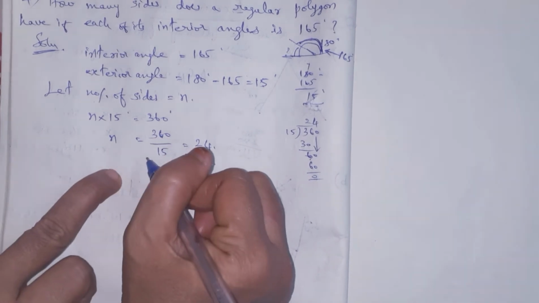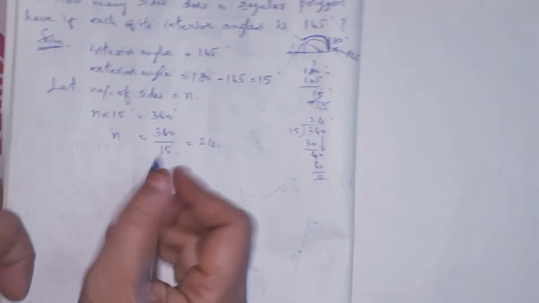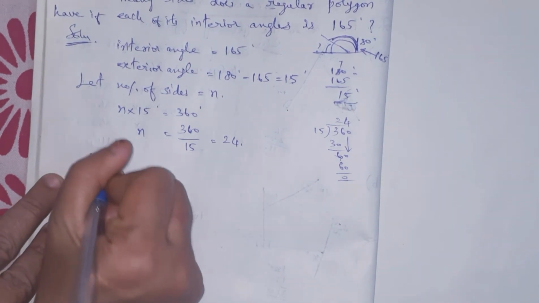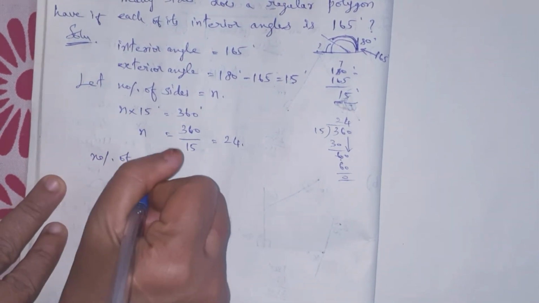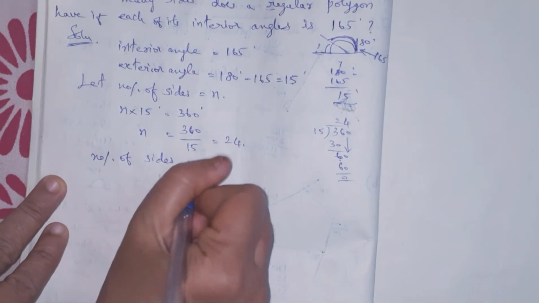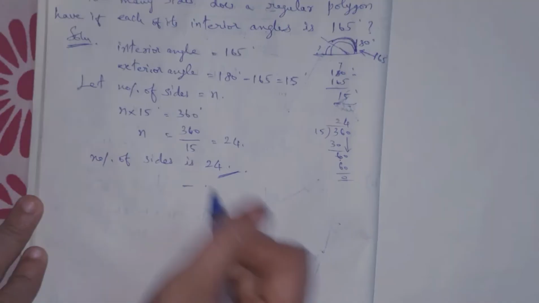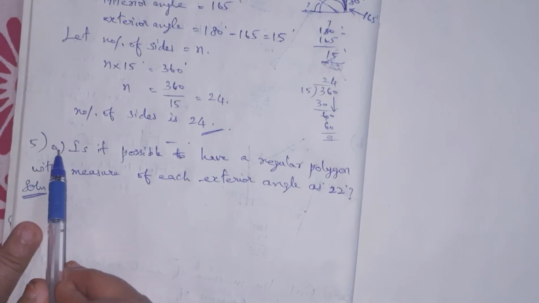N equals the number of sides, so the number of sides is 24. This is the answer.